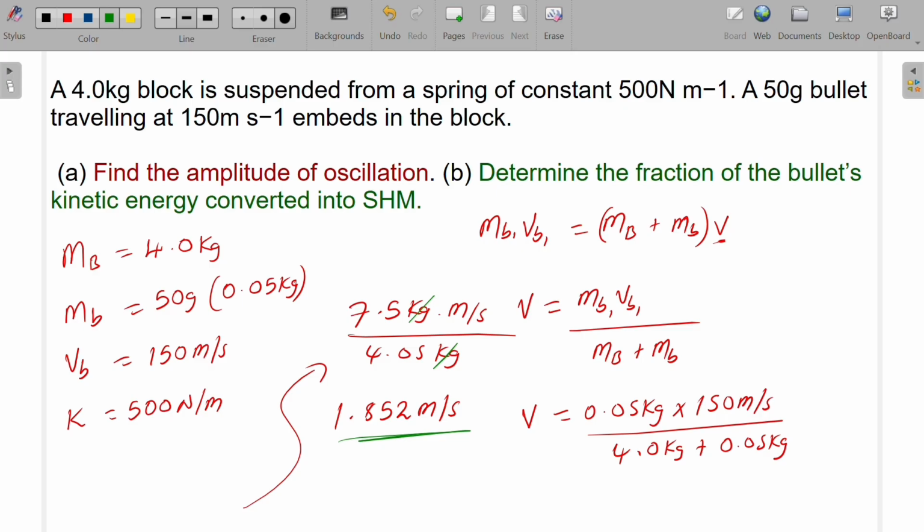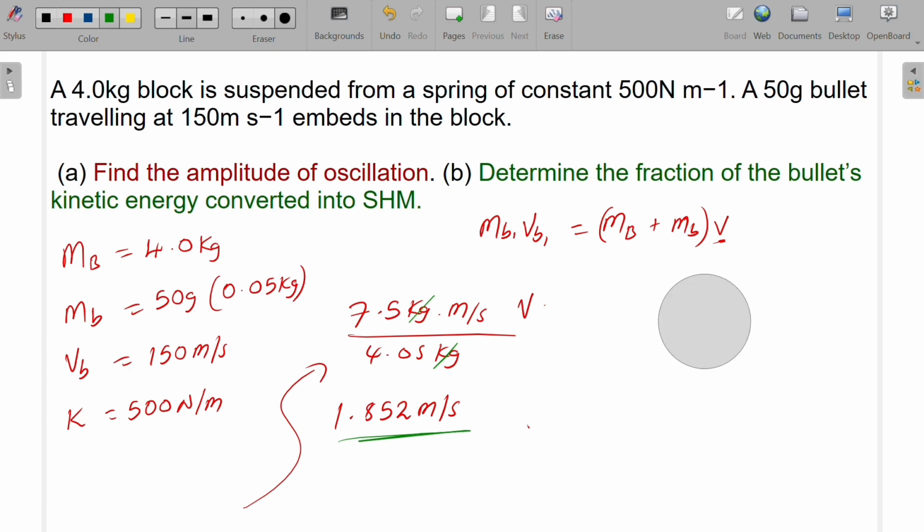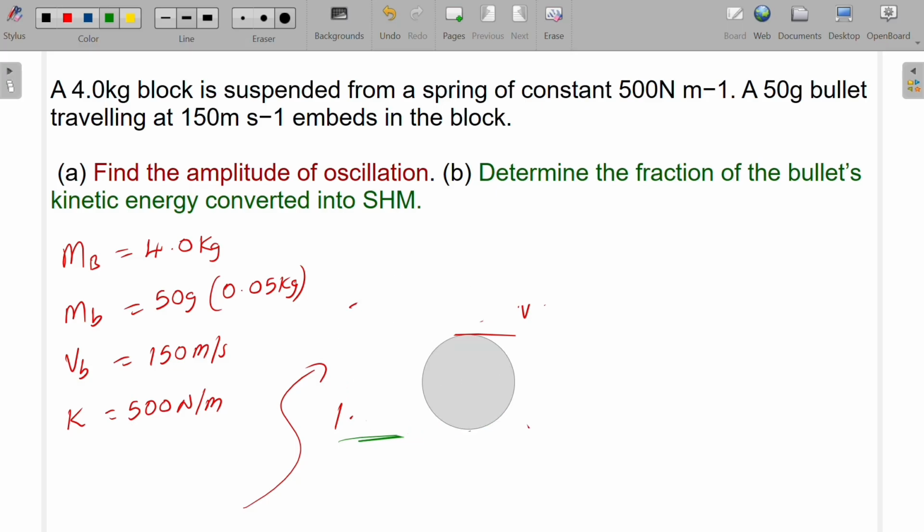Now that we have the speed, we can go ahead and find the amplitude. So let's go ahead and find that. All right. So to find the amplitude, we can basically use the formula, which is Vmax is equal to angular frequency multiplied by amplitude.